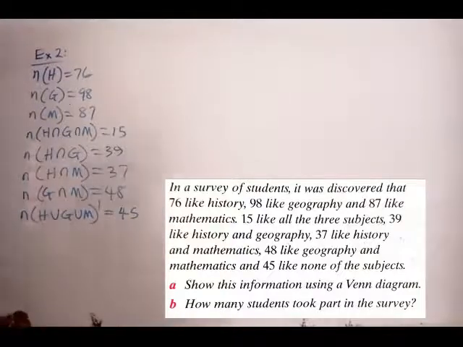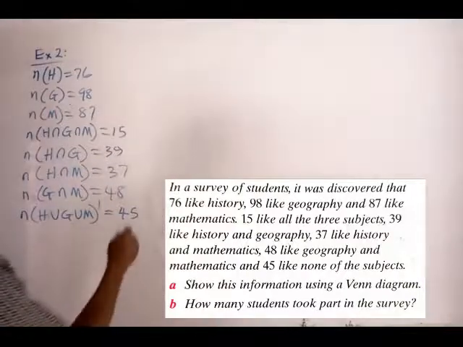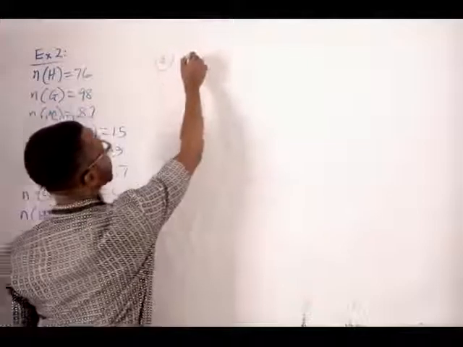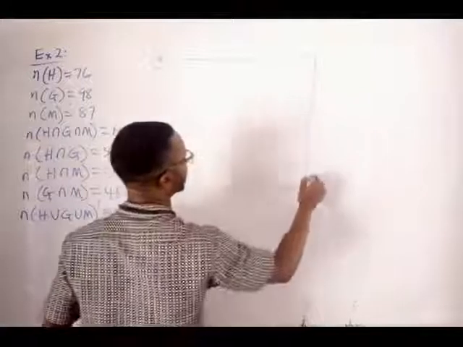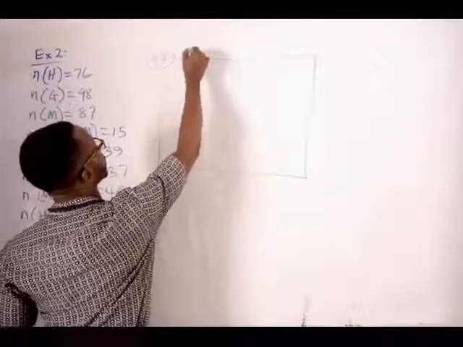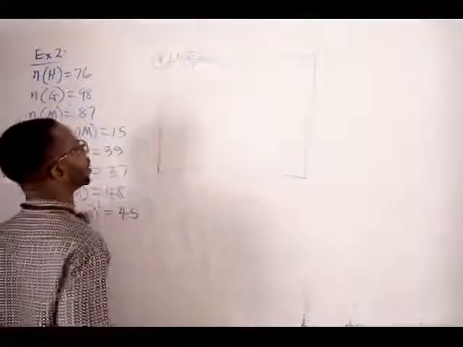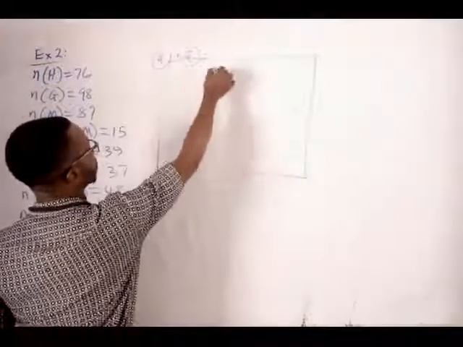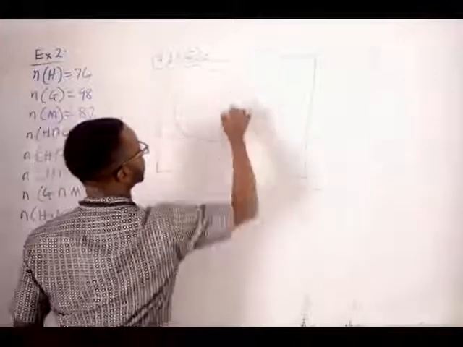The first question says we should show the information using a Venn diagram. That's the first, using a Venn diagram. So I have this. I don't have information on that yet. So I have 3 circles, 3 sets.